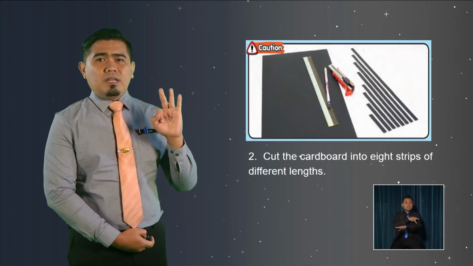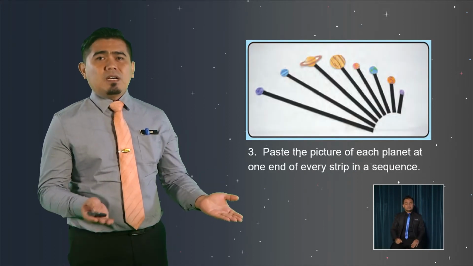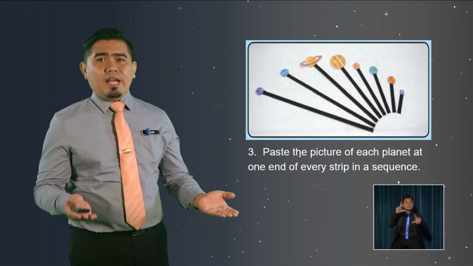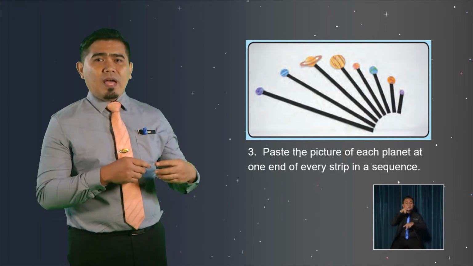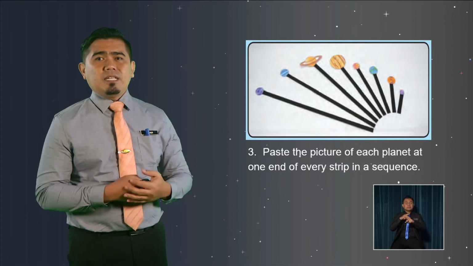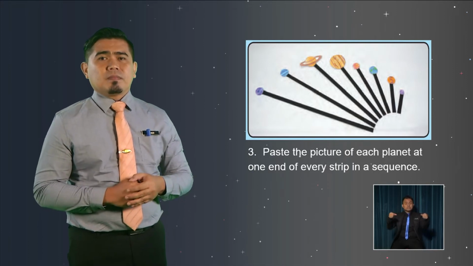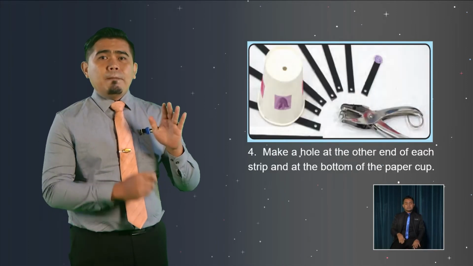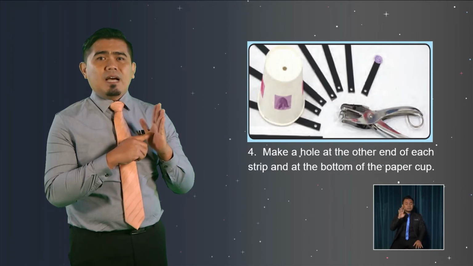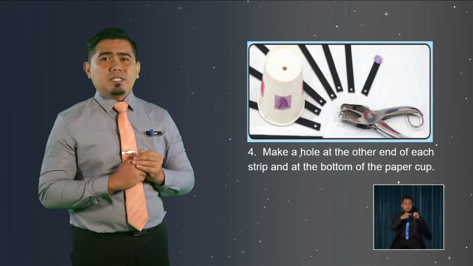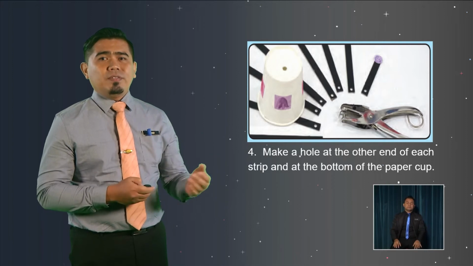Step 3. Paste the picture of each planet at one end of every strip in a sequence. Step 4. Make a hole at the other end of each strip and the bottom of the paper cup.